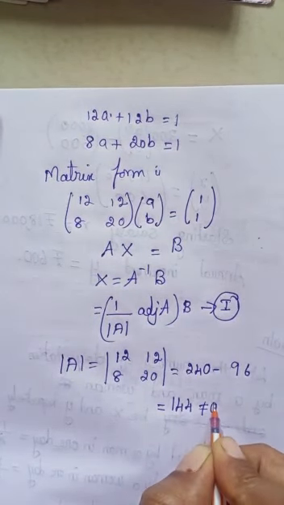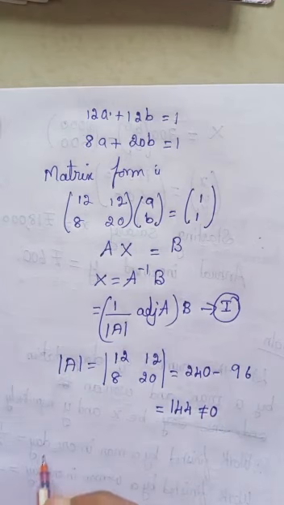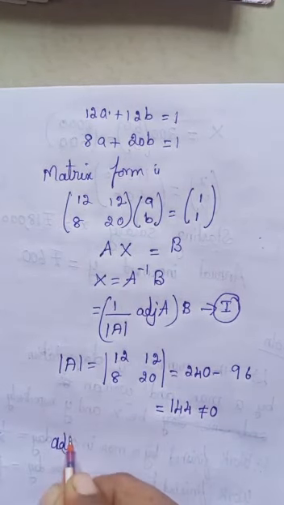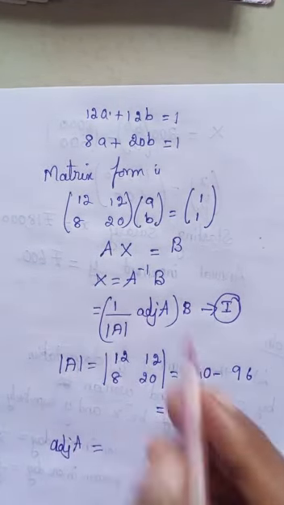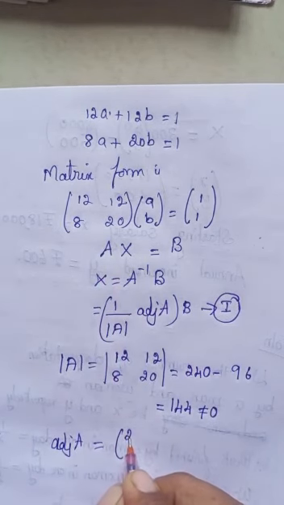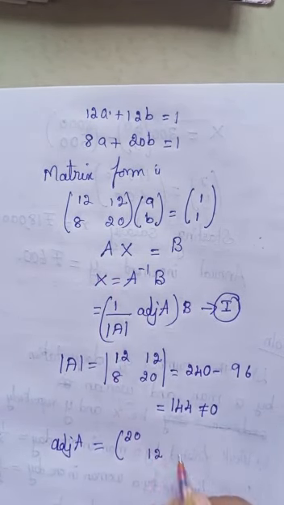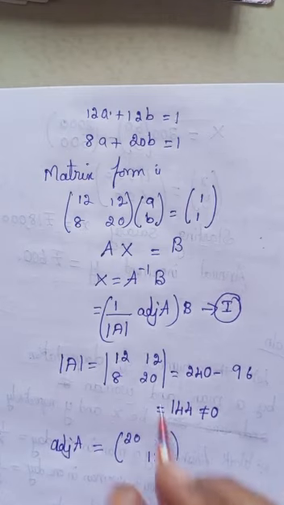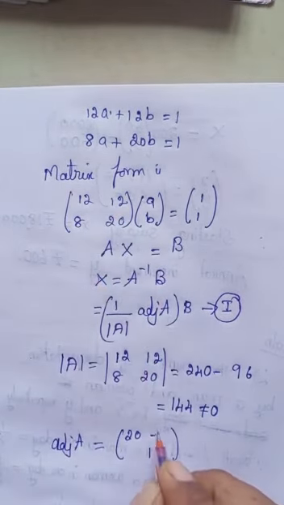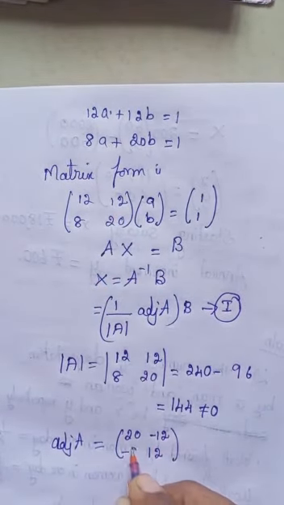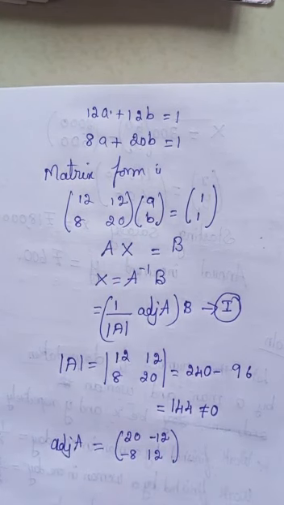This is not equal to 0. Now it's easy for us to find out adj A. So main diagonal we have to interchange. So 20 and here 12. The other diagonal symbol will change, isn't it? Plus 12 means minus 12 and plus 8 means that is minus 8.